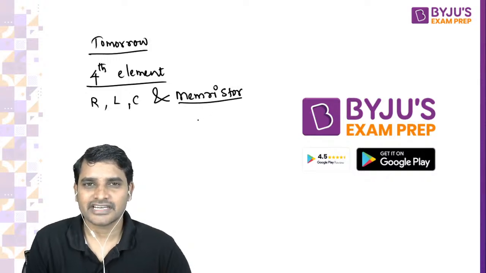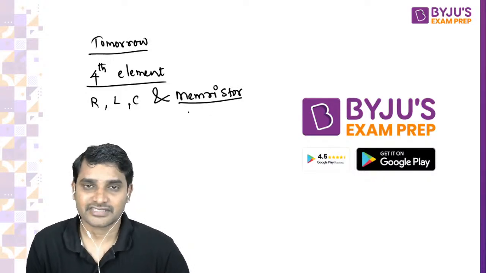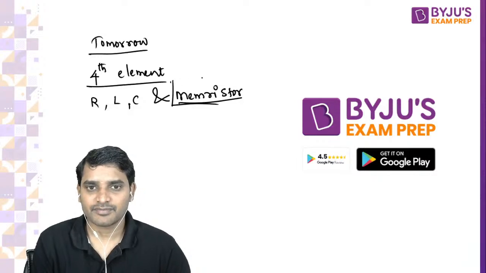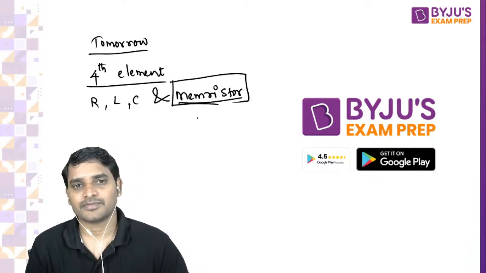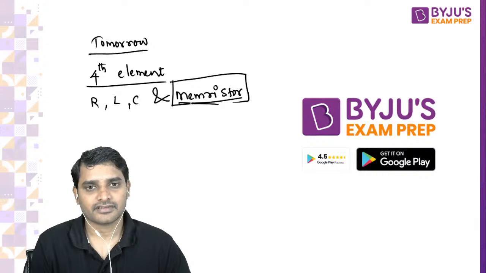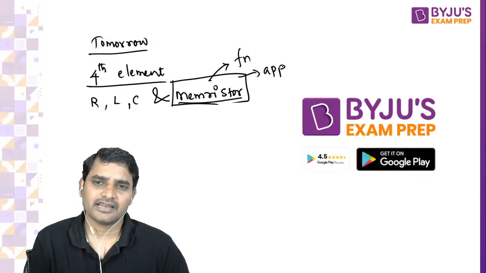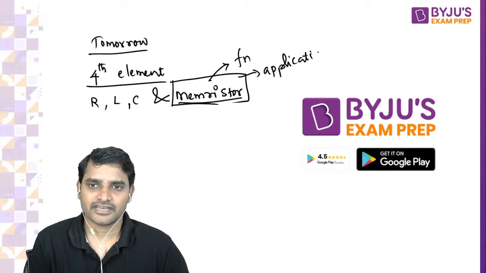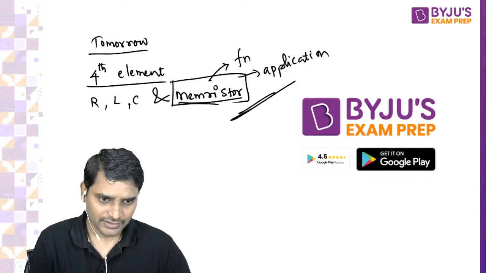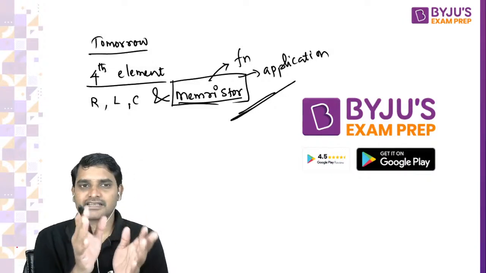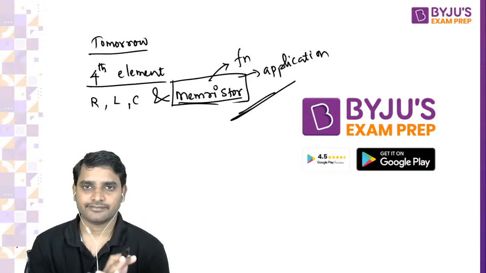It is not mutual inductance, it is memristor. We will see where we use this memristor, what the applications are, how it works, and its function. I'll be taking around 20 to 30 minutes. Tomorrow we will finish this one. So with tomorrow, the basics are done.